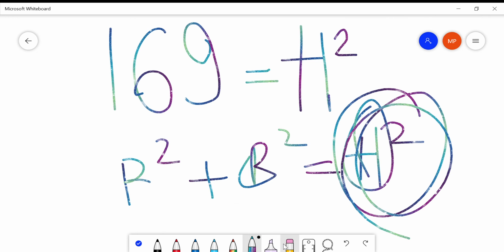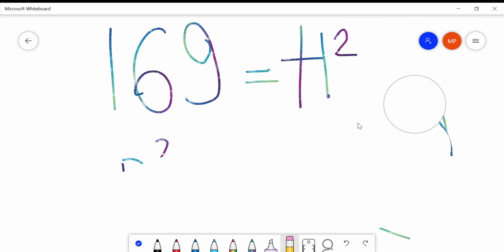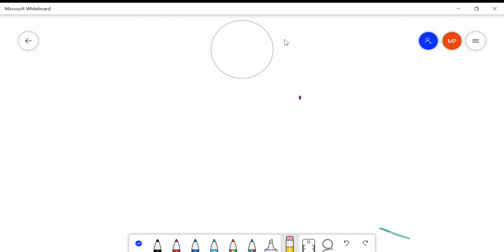Now we have to find the square root of the hypotenuse squared, so we have to find the square root of 169. You should learn the square roots of all the numbers from 1 to 12. I'm going to upload a video on how to find the square root, so the next video is going to be how to find the square root. You can refer to that.